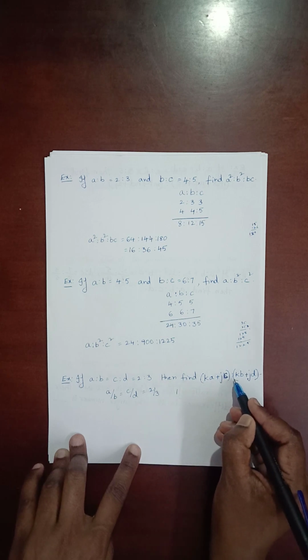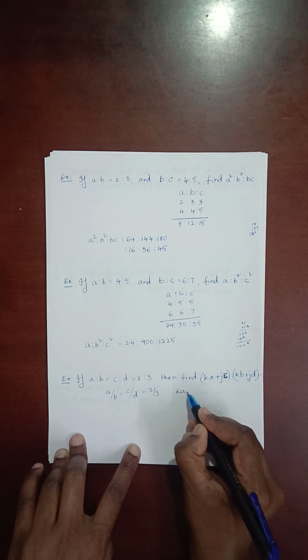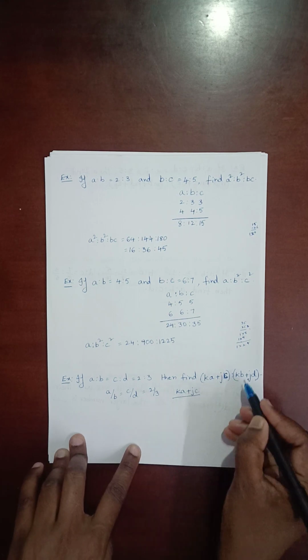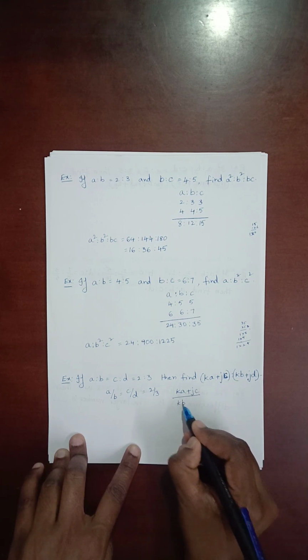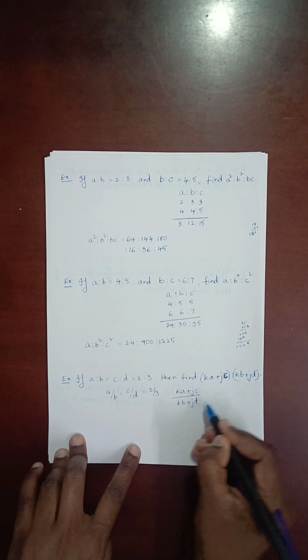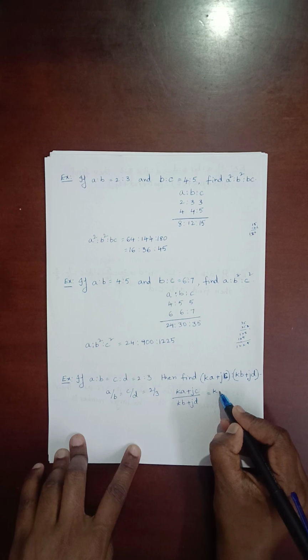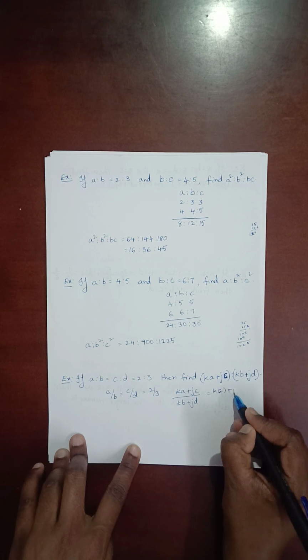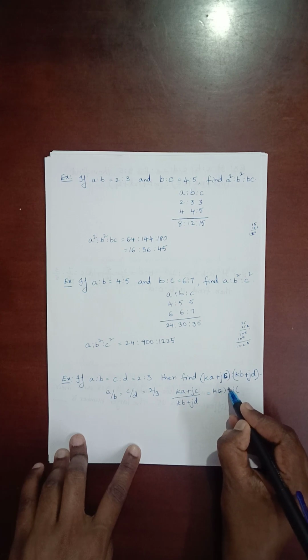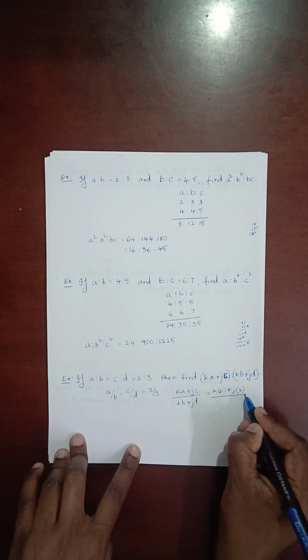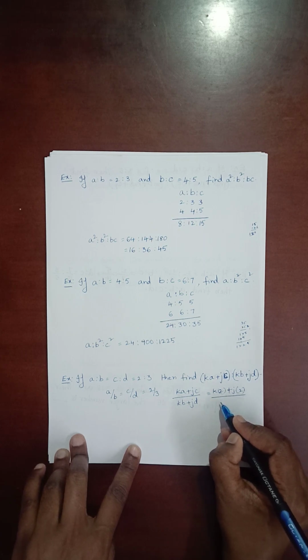These values we substitute in this ratio. KA plus JC over KB plus JD means K into what is A? A is 2. K is 2 plus J is 2. What is C? That is also 2, by KB.